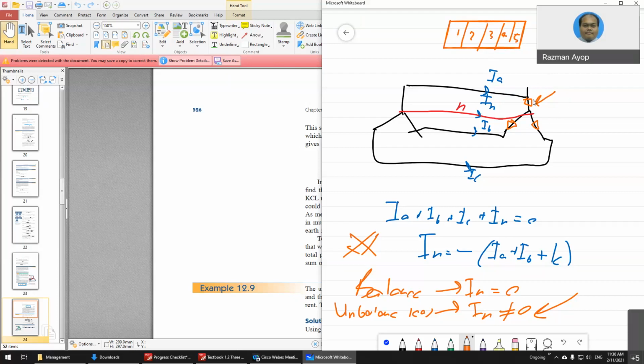Usually they will give phase A to homes 1, 2, and 3, another phase to homes 3 and 4, and another phase goes to home 5. So it will be unbalanced. Some users use a lot of energy, some users do not. It will become unbalanced, and there will be neutral current.